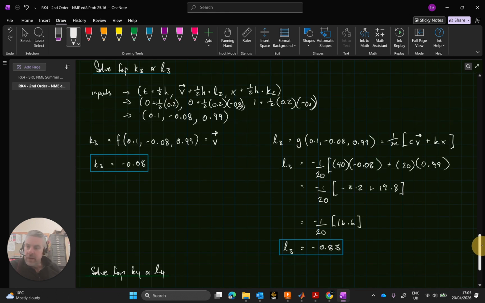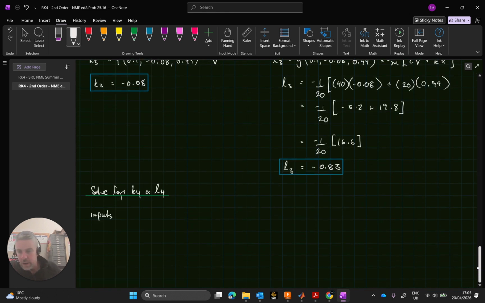To keep the convention the same, I put inputs and then an arrow, and open the bracket. This is going to be t plus h. The v, which comes second, is going to be plus h multiplied by the slope for v, which is the dv/dt solution, the g function, which are the L's, L3, and then x plus a full h by K3.